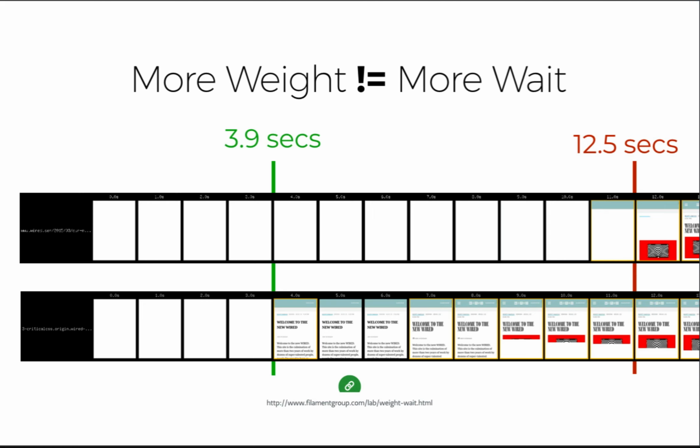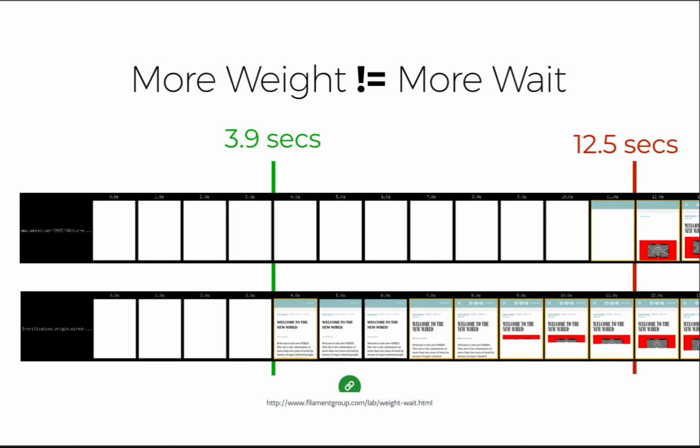We took an article page on the Wired site and optimized the page delivery alone. We never touched the size of the actual files that were being loaded by the site, but we did reprioritize the way that the site was requesting those files. And this was a heavy site. It was 8 or 9 megabytes, I believe.